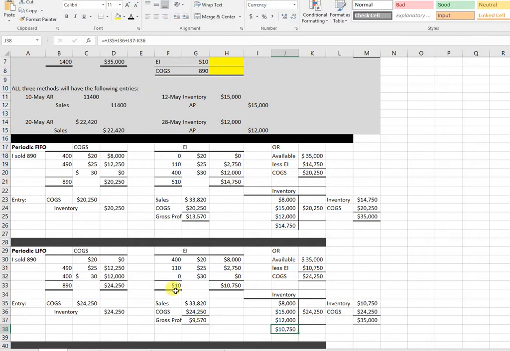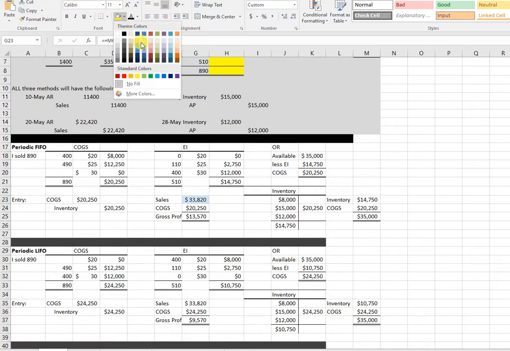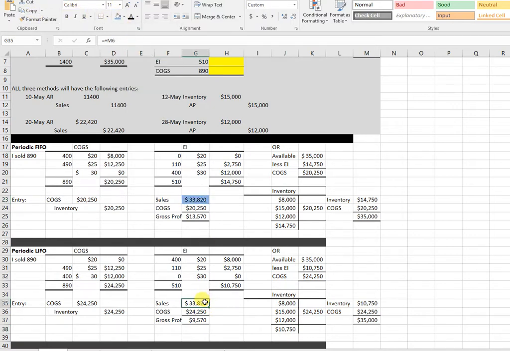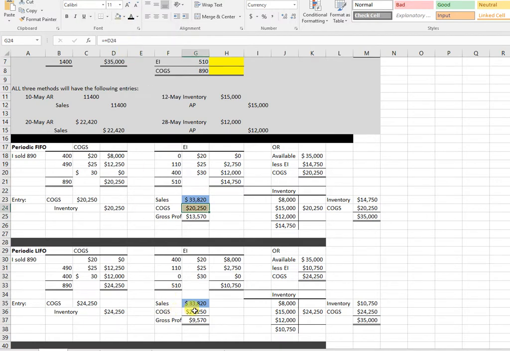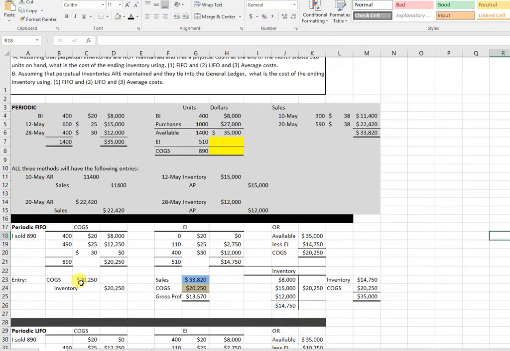So we're going to compare these, all three. So in the end, I'm going to show you that sales under all of them are always the same because the selling price doesn't change. However, cost of goods sold does differ because I'm selling different ones. Notice in this particular problem I have inflation.